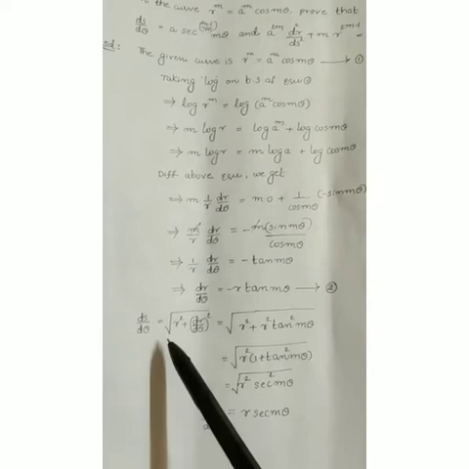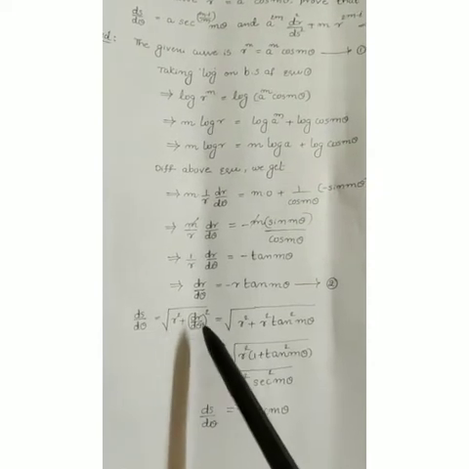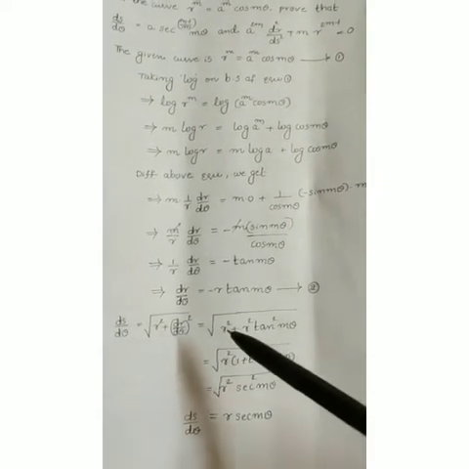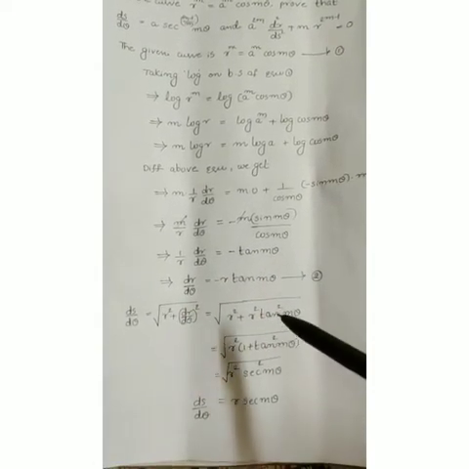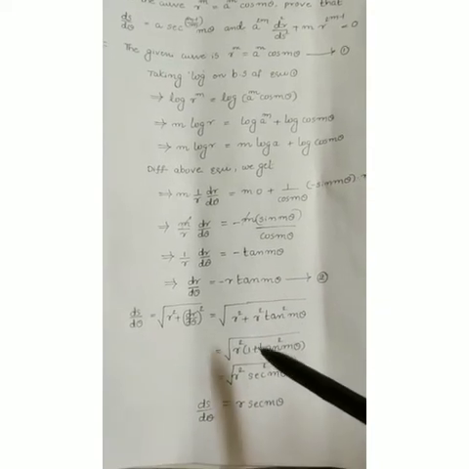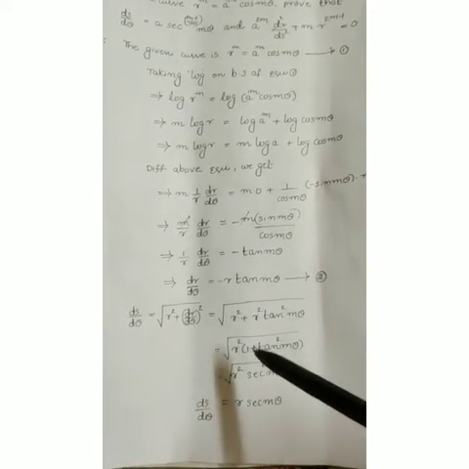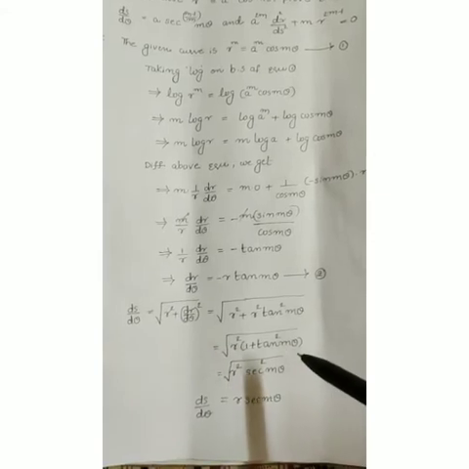Now we know by the formula ds by d theta equal to under root of r square plus (dr by d theta) whole square, that is r square plus (minus r tan m theta) whole square, that is r square plus r square tan square m theta. Taking r square as common, r square into (1 plus tan square m theta).